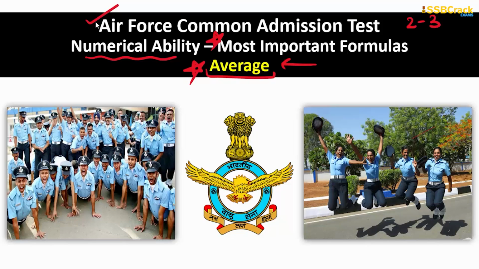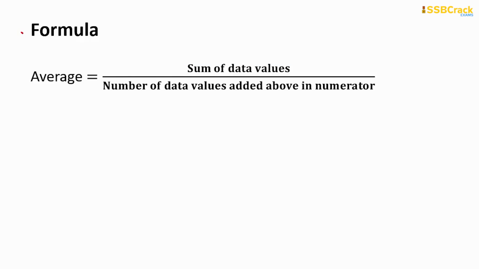Learning some of the important formulas from this topic will help you save time in your examination and clear it with flying colors. So without wasting any time, let's start with the formulas. This is the basic formula that all of you must know: average is given by the sum of all the data values divided by the number of total values whose sum we have taken in the numerator, right?